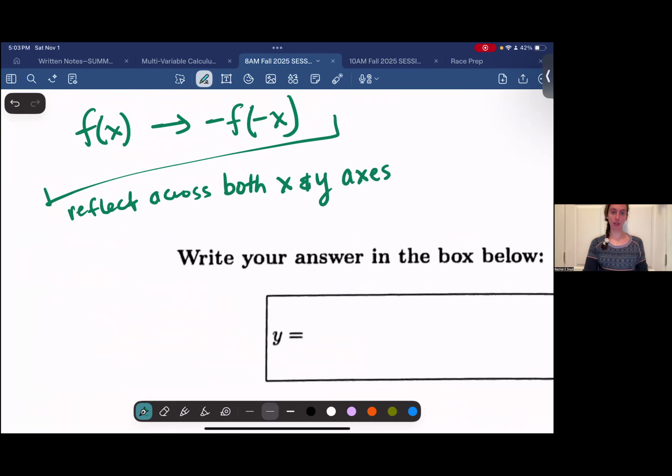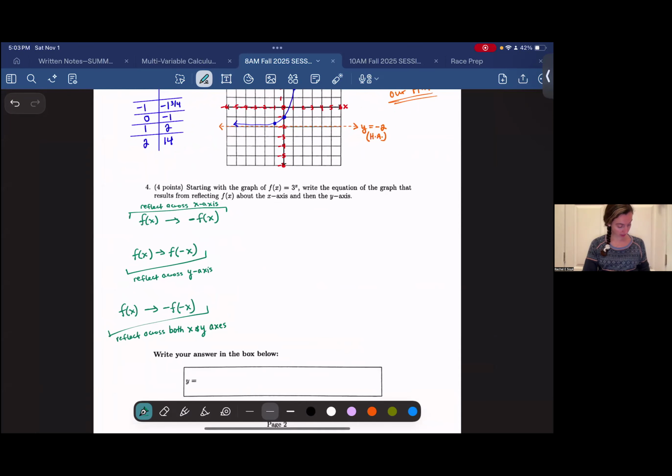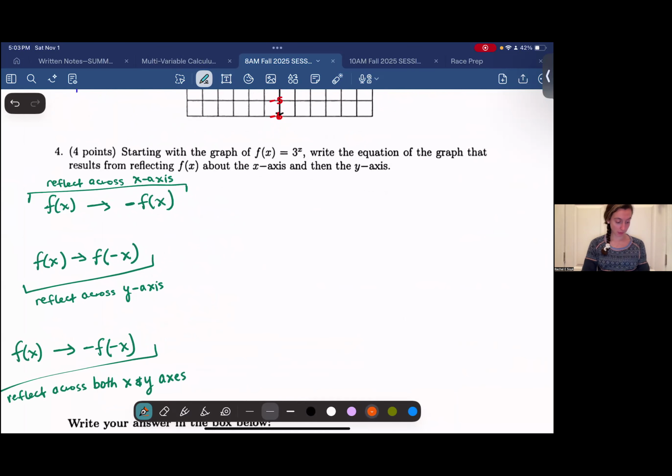Axes. Okay, so that's the general rule, but they give us our function as f of x is equal to 3 to the x. And so now we want to do both of these reflections.